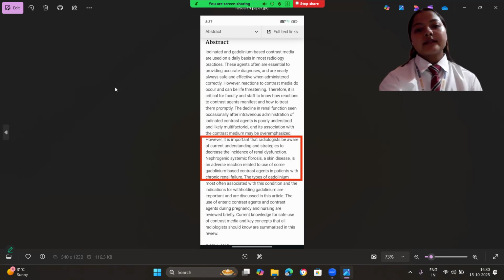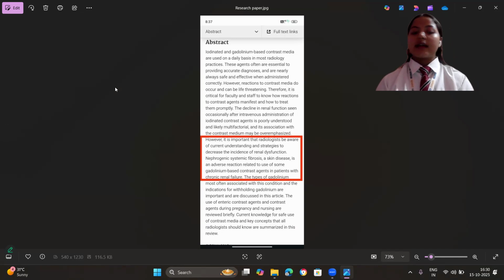So this research paper focuses on the use and safety of contrast media in radiology, particularly iodinated and gadolinium-based agents, as I already talked about before. These contrast media are used daily in radiology departments to improve the accuracy of imaging and diagnosis.